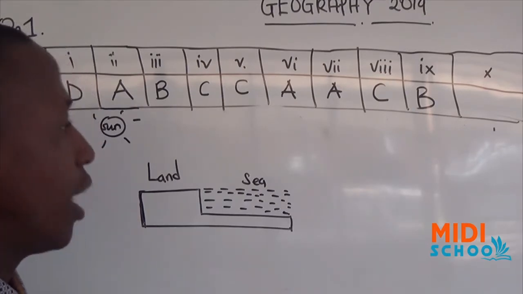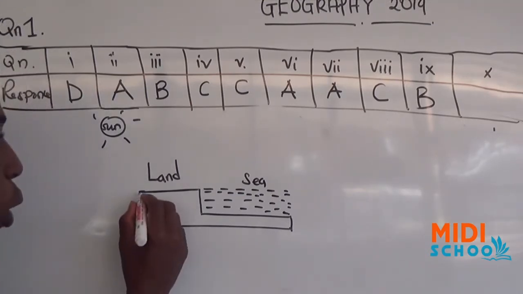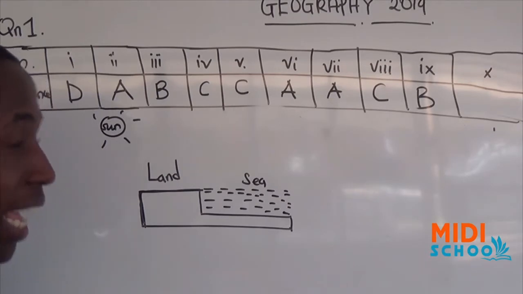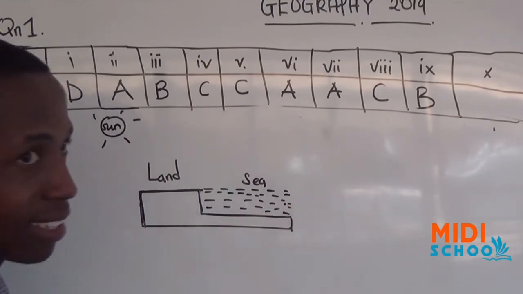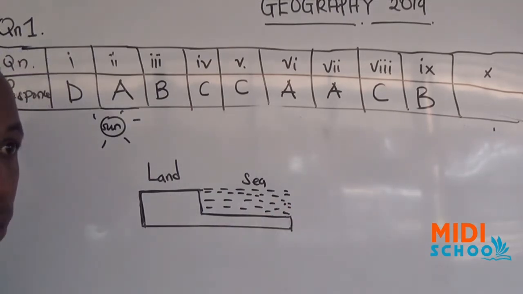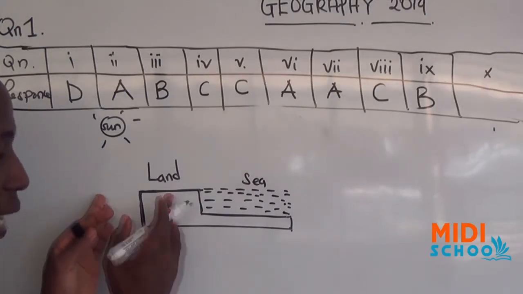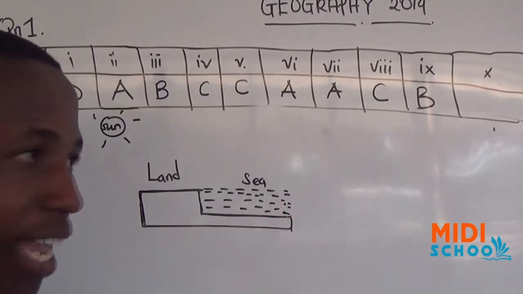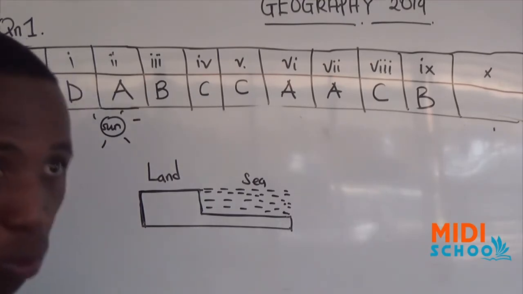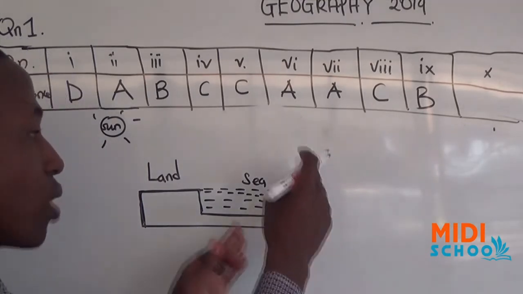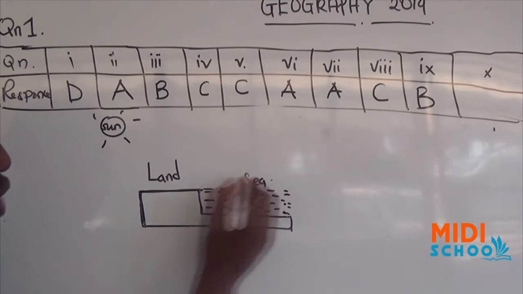This creates the condition whereby the land has high temperature compared to the sea. And remember, in an area where there is high temperature, there will be low pressure, and in areas where there is low temperature, there will be high pressure. Hence, wind will blow from the sea to the land.